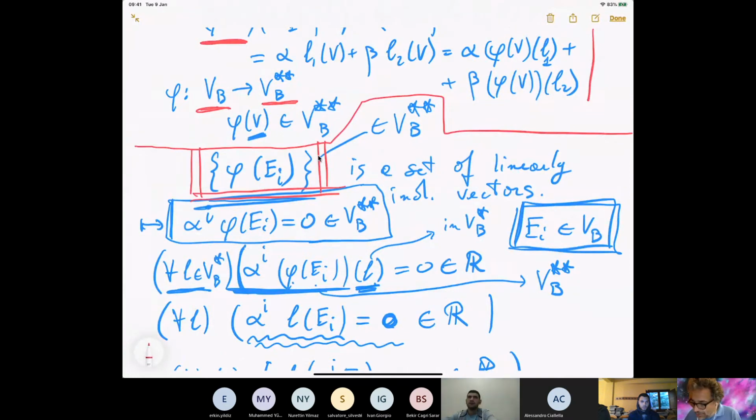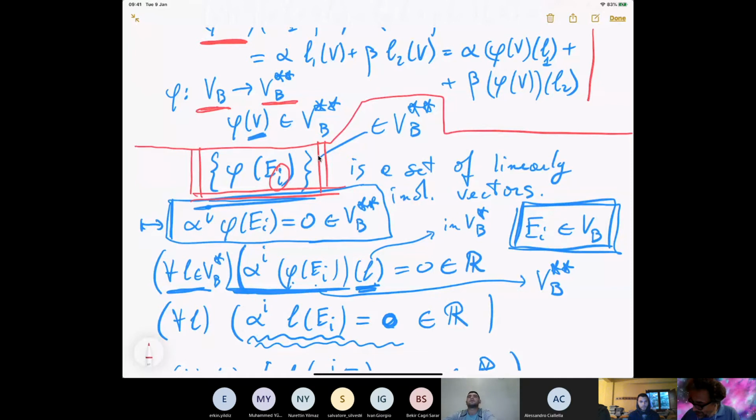How? Considering the set phi of e_i, where the index is down. In order to keep this presentation ordered, you need to remember that e_i is a vector in the basis of V.